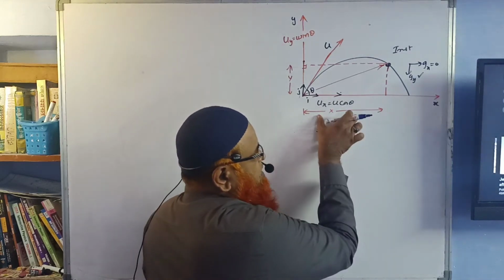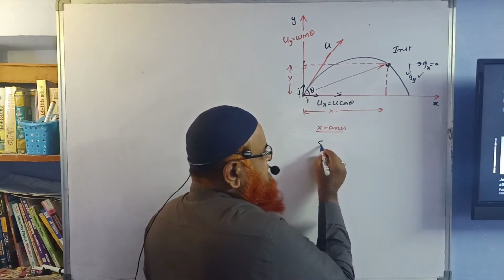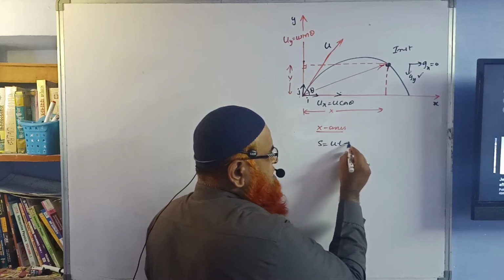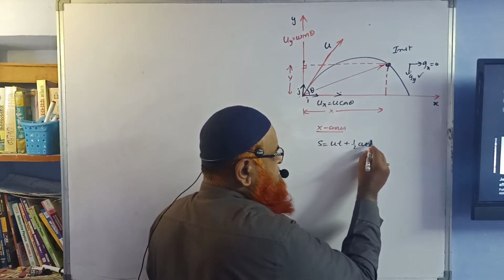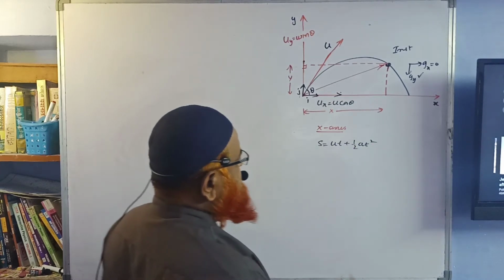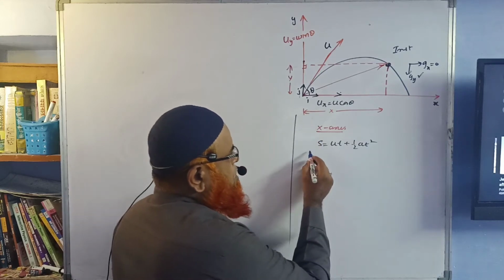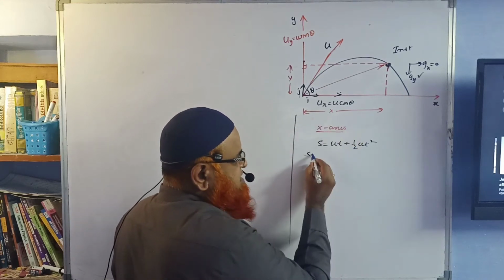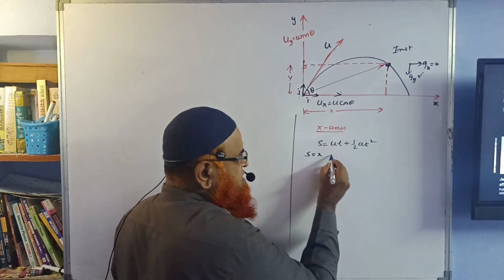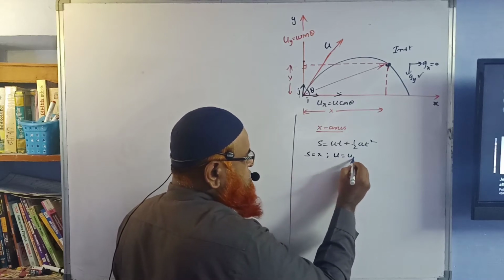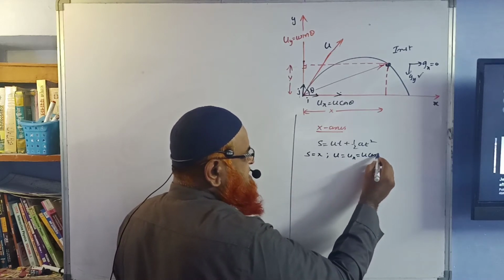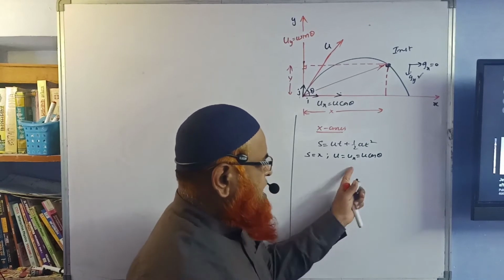Now we need to find the displacement x. Consider the general formula, s is equal to ut plus half at square. Let us replace the terms. The horizontal displacement s is going to be x, and u is going to be ux, which is u cos theta.